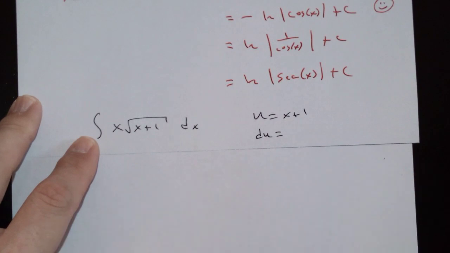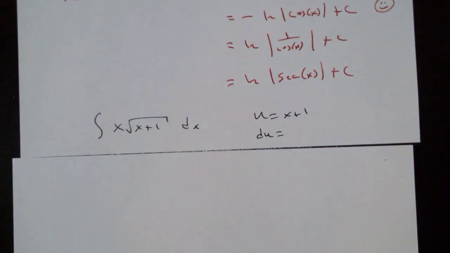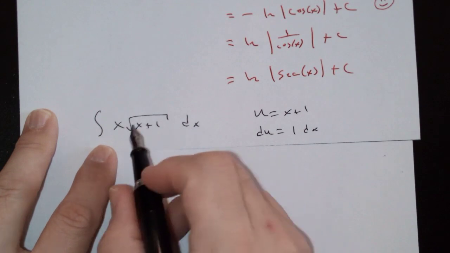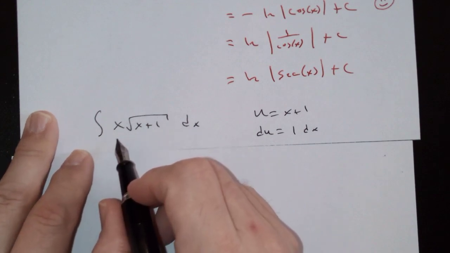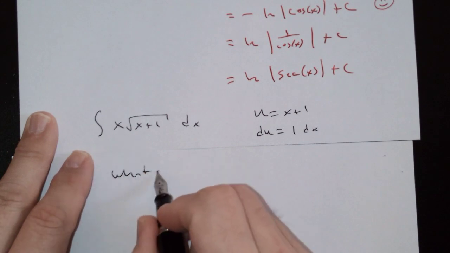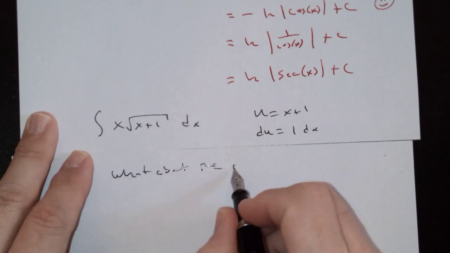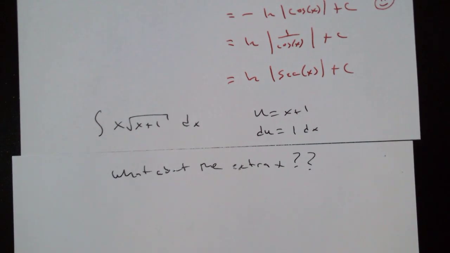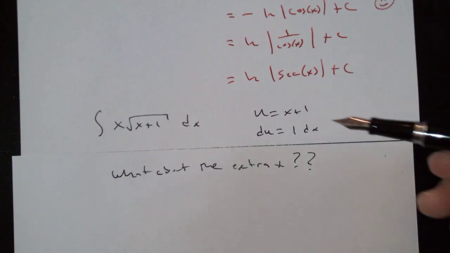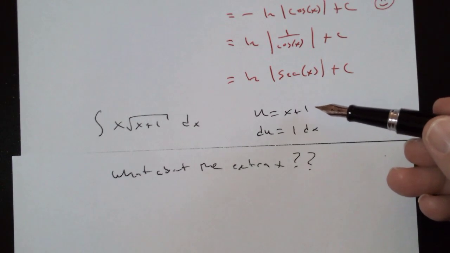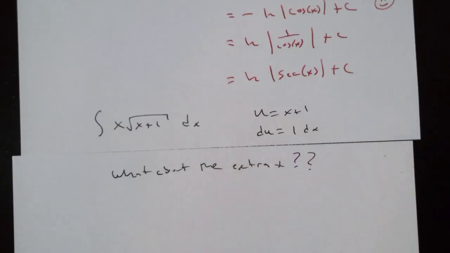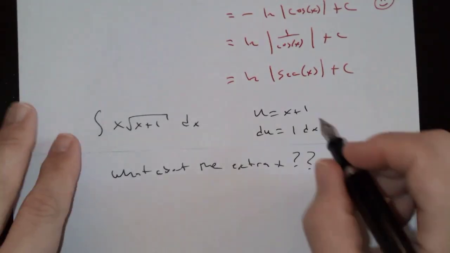What's du? Yeah. 1 dx. So that takes care of this. That takes care of this. What the hell do I do with this extra x? This is the relationship between x and u, right? I want everything in x or I want everything in u. So I'm going to use this relationship again.